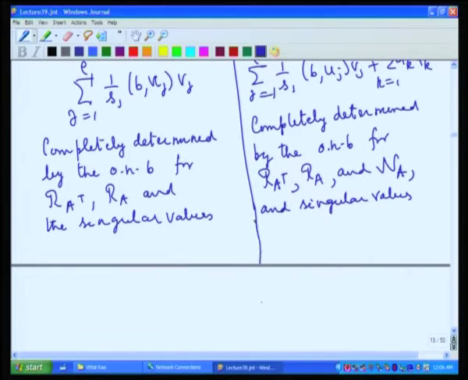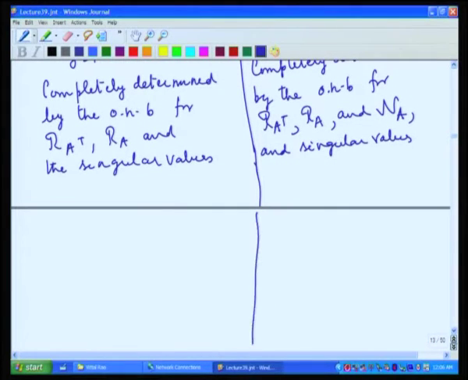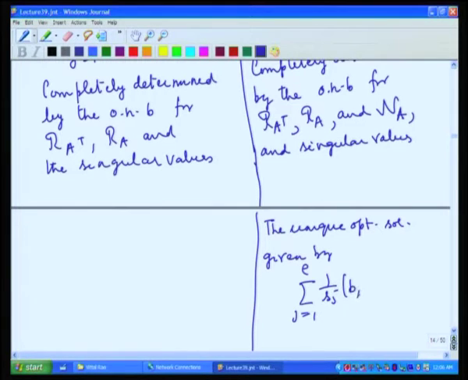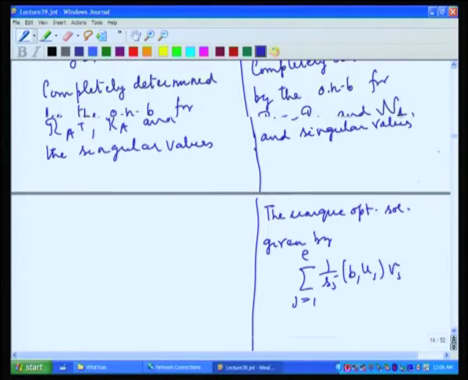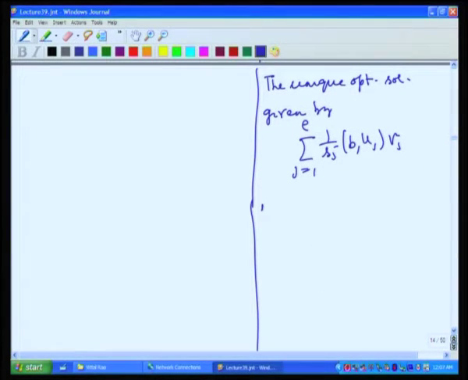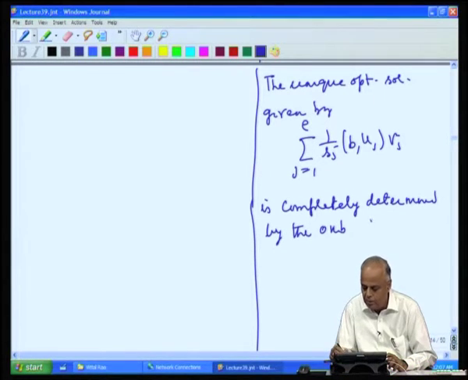And when the solutions are infinite, the unique optimal solution given by summation j equal to 1 to rho, 1 by S j, b u j v j, is completely determined by the orthonormal basis for the range of A transpose, the range of A and the singular values.